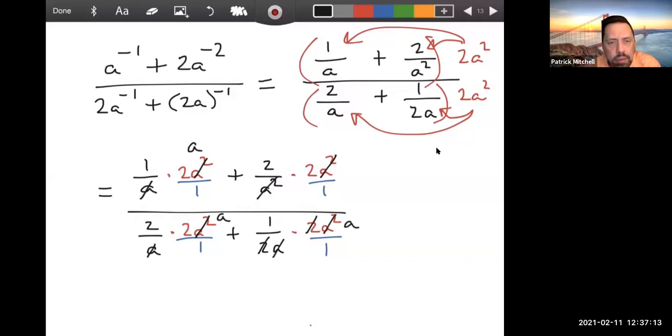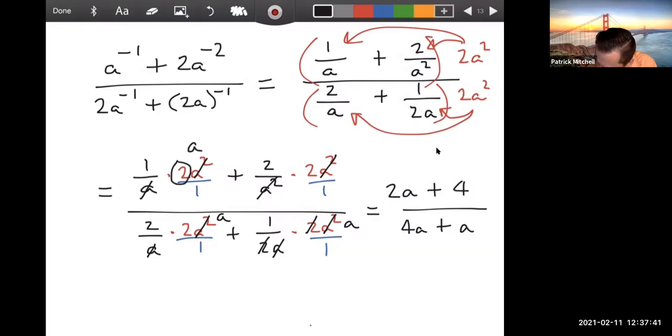All right, so after you pick through the trash and grab what's left, you have a plus 4 over 4a plus a, right? Oops, 2a plus 4 over 4a plus a. All right, I almost missed this too. All right, 2a plus 4 over 4a plus a.